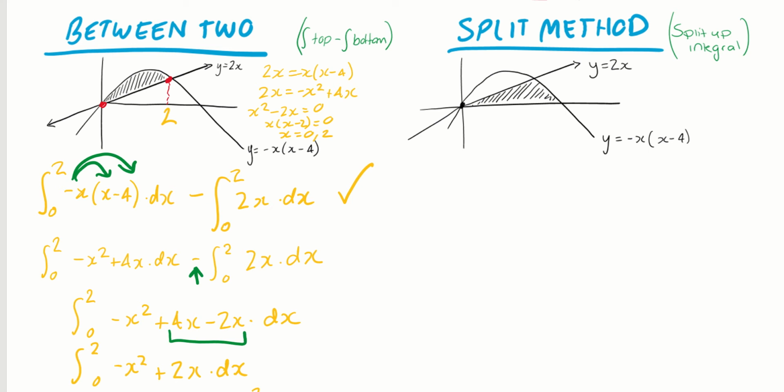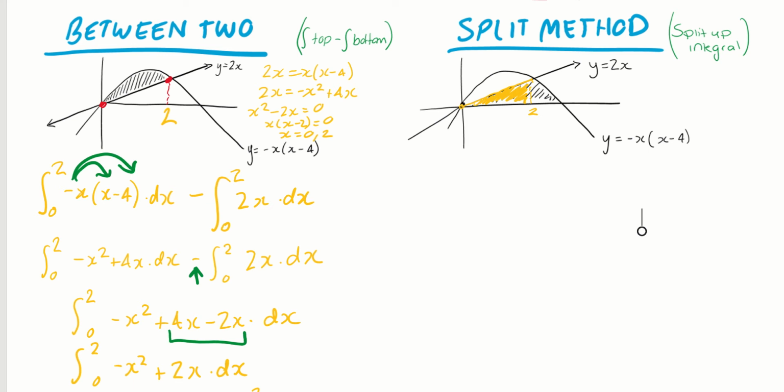This time, taking the area under the top curve and subtracting the area under the bottom curve isn't going to give me that shaded region. What will give me that shaded region is the area underneath my straight line between 0 and 2, which gives me this part in here.